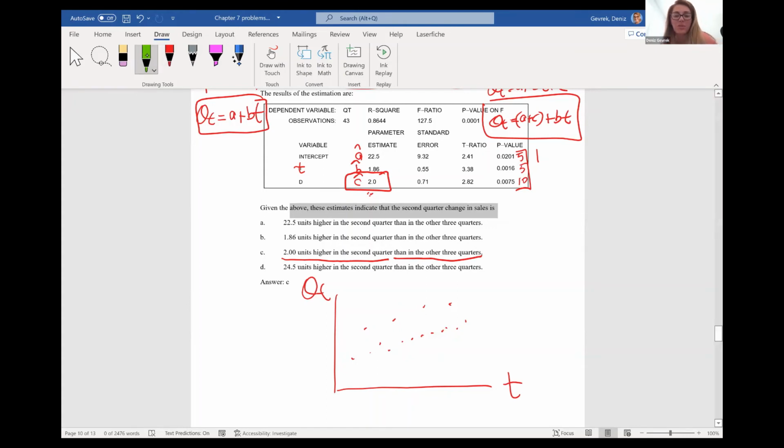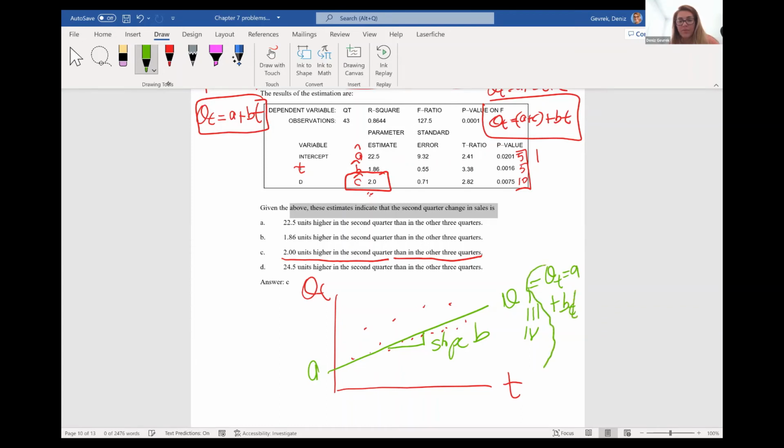This is something you will appreciate, I think. This is for quarters 1, 3, and 4. The intercept is A, and the slope here is B. So this equation becomes QT equals A plus BT.